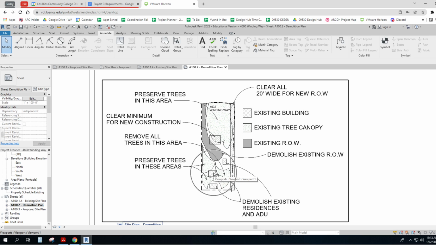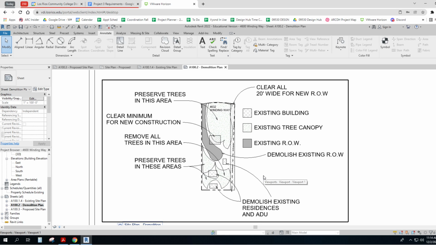Demolish the existing residences. And then clear whatever is required 20 foot wide here. And I didn't line this up very well, obviously. Demolish about 20 foot wide so that you can really get trucks and a concrete truck and all that kind of stuff up and down this road so that you can do your building on these.